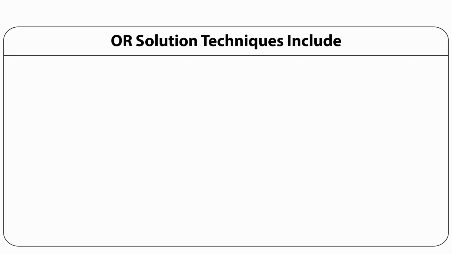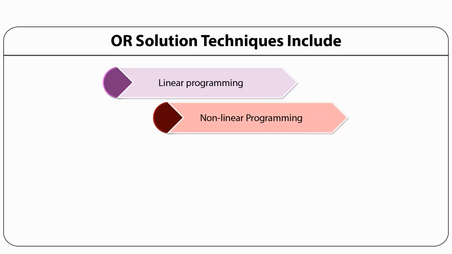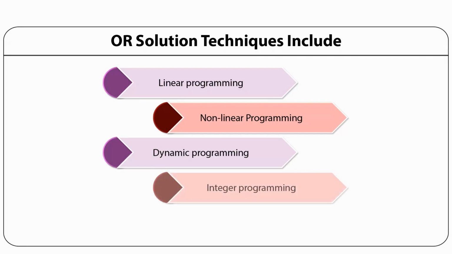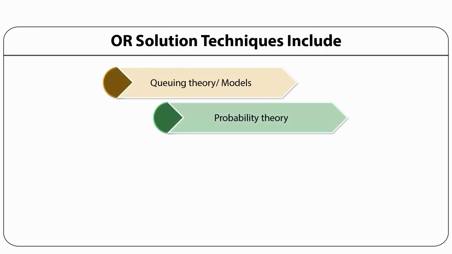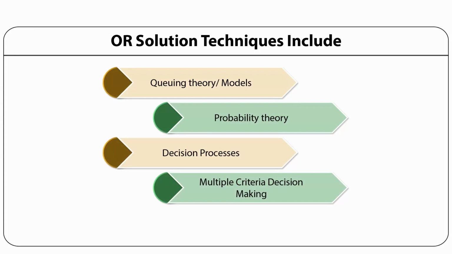OR solutions. Some of the OR solution techniques include linear programming, nonlinear programming, dynamic programming, integer programming, network analysis, queuing theory or queuing models, probability theory, decision processes, multiple criteria decision making, and general simulation.